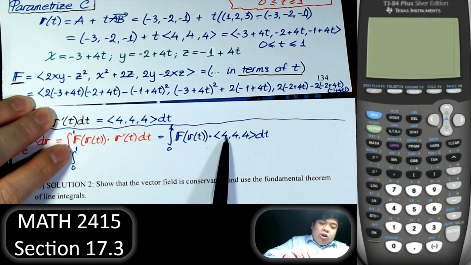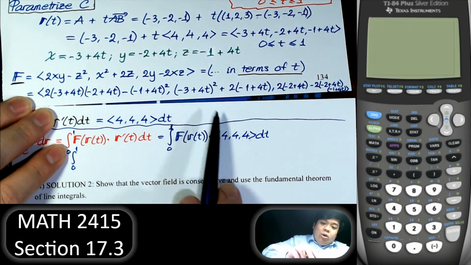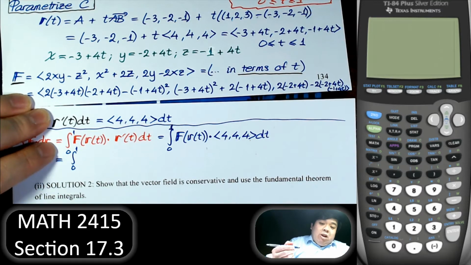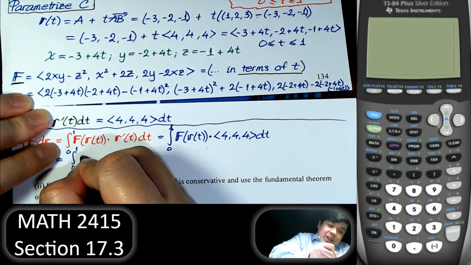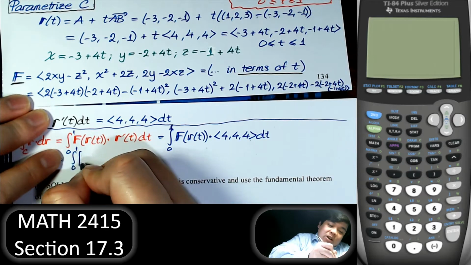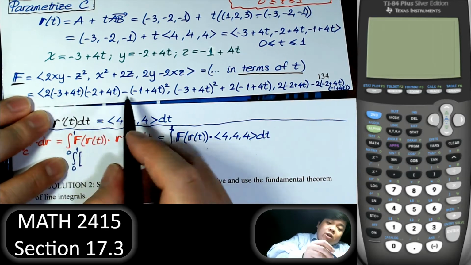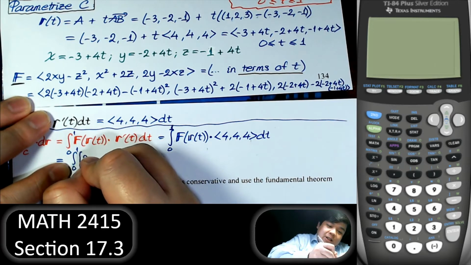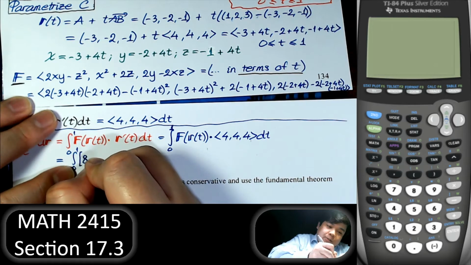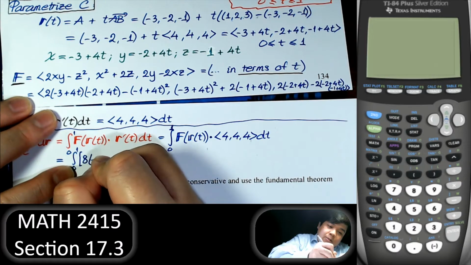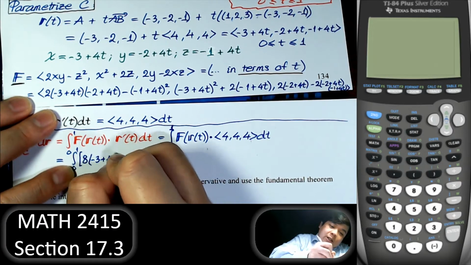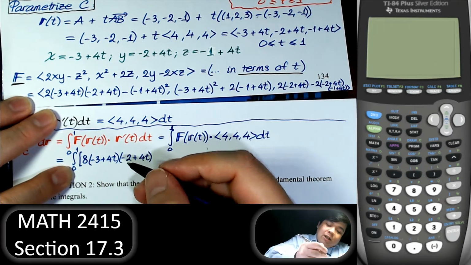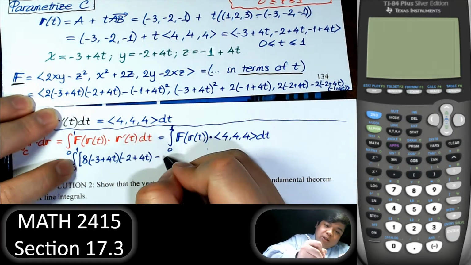So when we do the dot product, the first one times 4, second one times 4, the last one times 4, just add all of them up. So that's very, very simple, just extremely long in this problem. So first we have the first component times 4. That gives us 8 minus 3 plus 4t minus 2 plus 4t, and times 4.